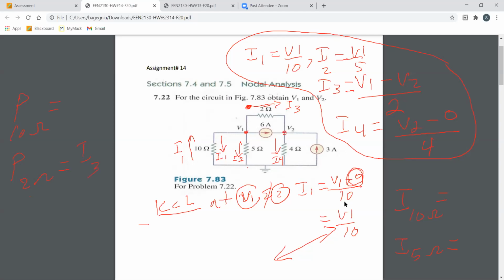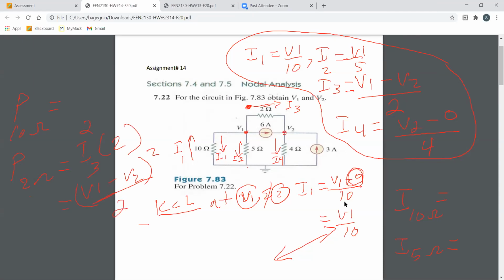I3. You have to look at the current that passes through that particular resistance, square it, and multiply by 2 ohms. If you want to use the formula V squared over R, then the voltage across the 2 ohms will be V1 minus V2. It's not V1 by itself. It's V1 minus V2 squared, divided by the resistance, 2 ohms.